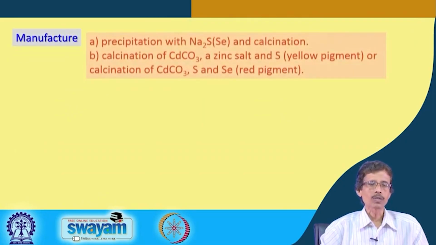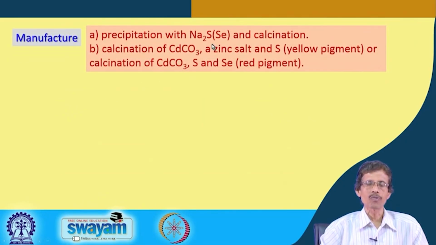The manufacturing process depends on the use of sodium sulfide and calcination with your cadmium salts. So, if you get the cadmium sulfide with the zinc salt and the sulfur, you get the corresponding yellow pigment, and when you use sulfur along with selenium, that is the cadmium sulfoselenide we have seen, you can get the corresponding red pigment.